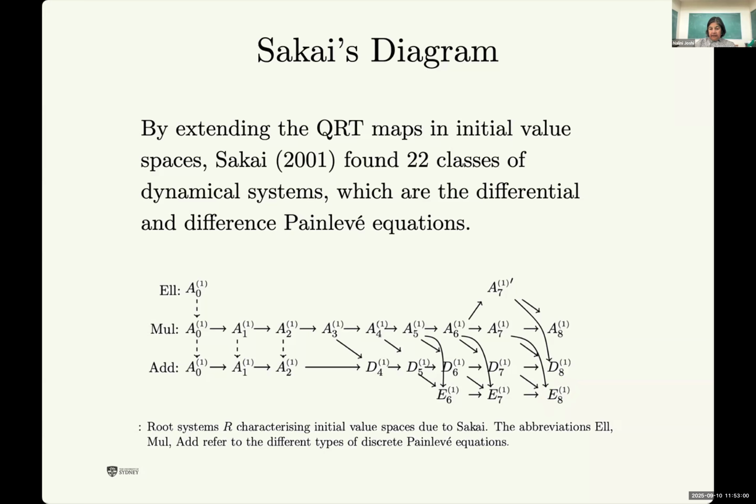So it is important now to understand whether this diagram could be extended. And one way one might go about extending it is to see if there are extensions of QRT maps. And this is the work I've been doing very recently with Frank Nijhoff and Alan Steele at the University of Sydney. Frank was until recently at the University of Leeds, and now he lives in Leiden in the Netherlands.